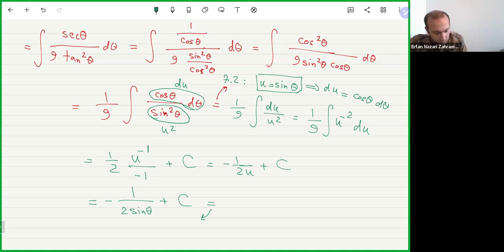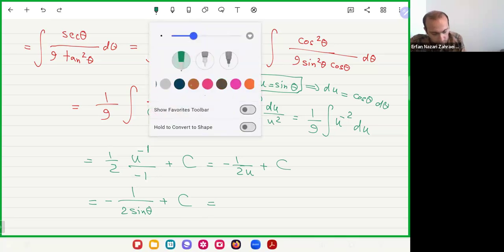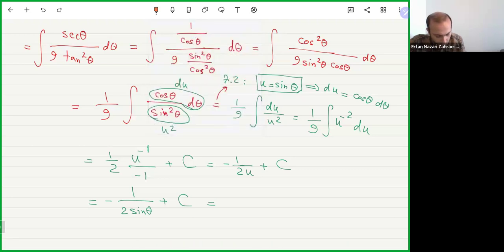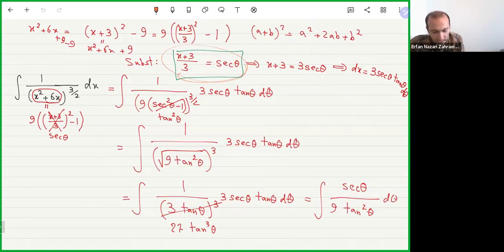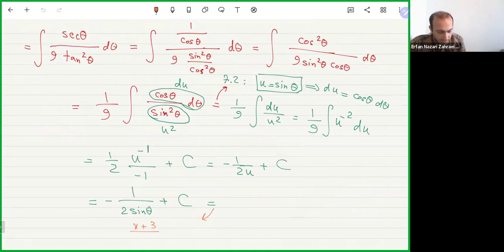Let me use another color, orange. The relationship between theta and x is this: x plus 3 over 3 is secant theta. I need to find what sine theta is and write it here. How would I do that? Without thinking, definitely a reference triangle.